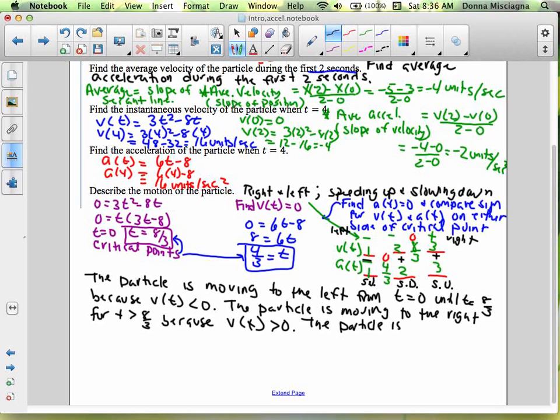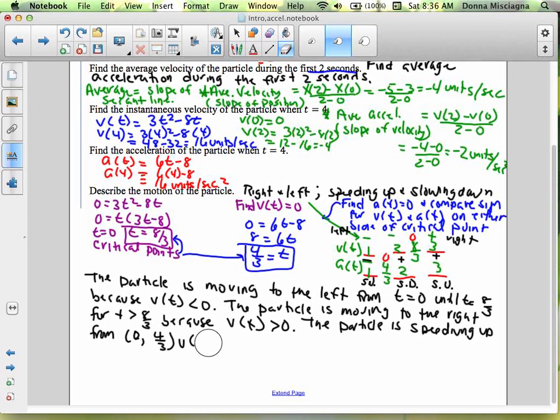The particle is speeding up from, I'll just put it as an interval, from 0 to 4/3, and for t greater than 8/3, because we don't really know how long. It's just forever right after that. Is the particle moving forever and ever? I don't know.